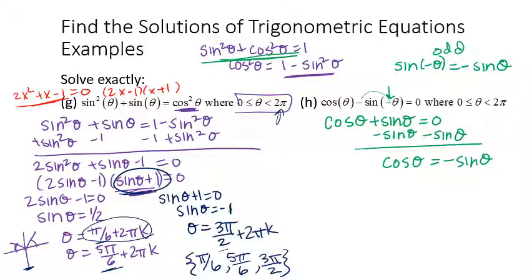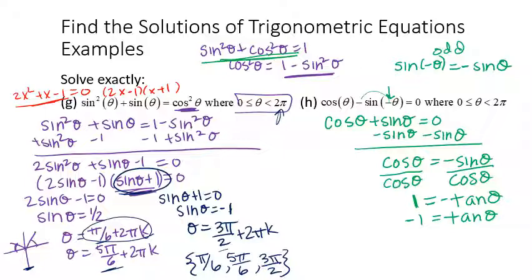Now, watch this. All right, so dividing by cosine of theta, cosine of theta divided by cosine of theta is just 1. And I'm left with, well, what's sine over cosine? Tangent. So then I get the tangent by itself, divide both sides by -1. Sweet.